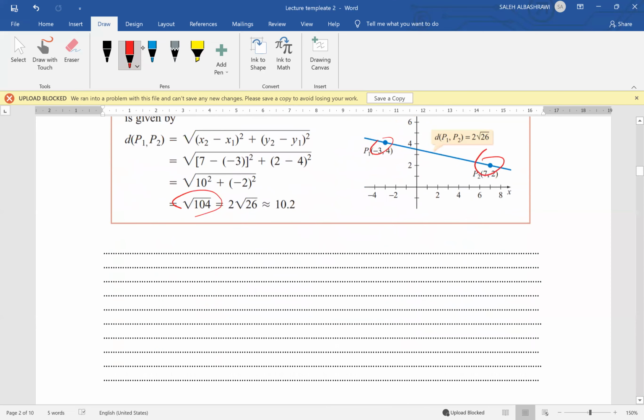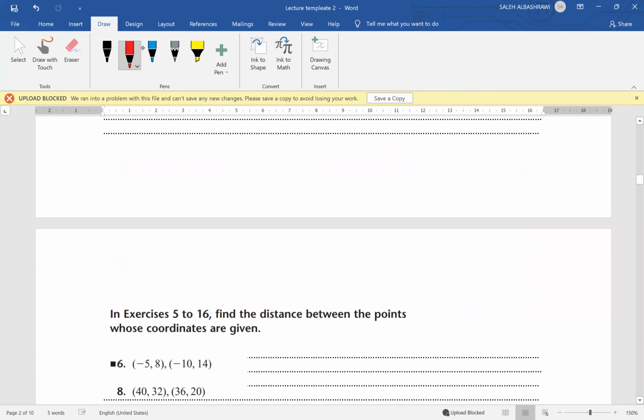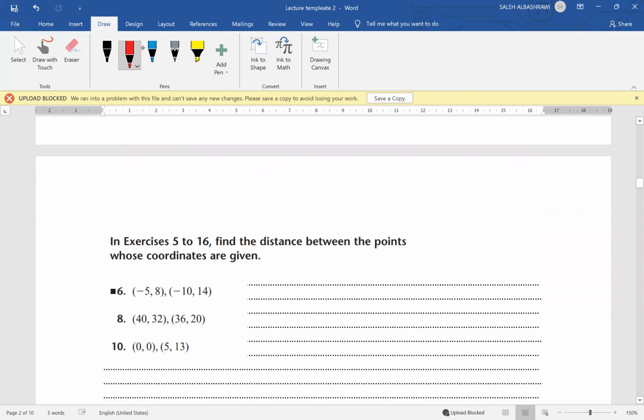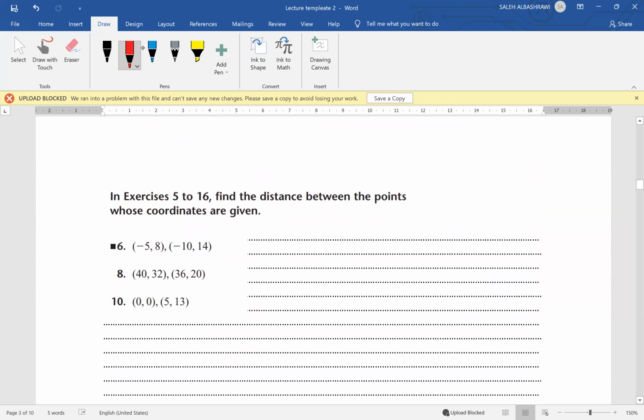More examples about this formula. Let's find the distance between the given points. First one, I have minus 5, 8, minus 10, 4, and I need to find the distance between these 2 points. So I will call this x1, y1, x2, y2.